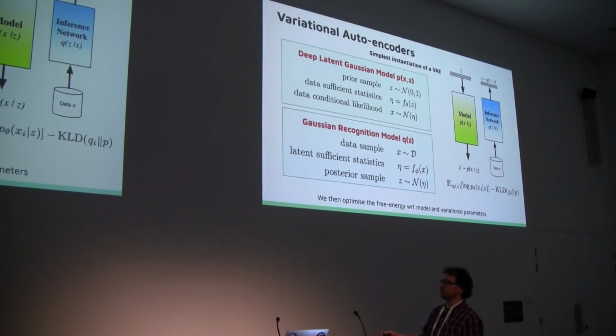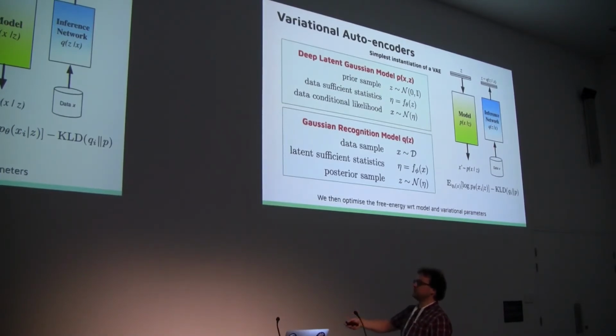This neural net will output the sufficient statistics of this conditional distribution, which in this case is a Gaussian. So the sufficient statistics are just the mean and the covariance matrix. This is your generative model. This is how it generates data.